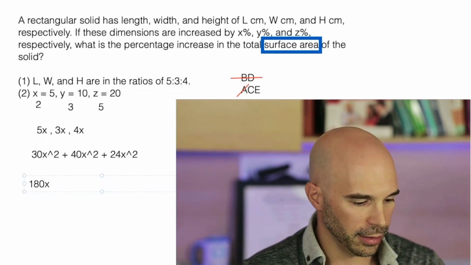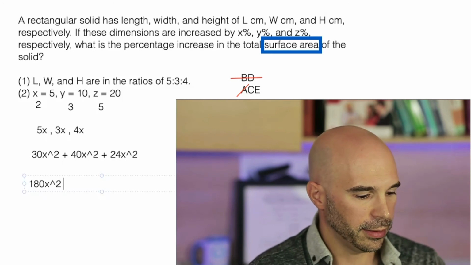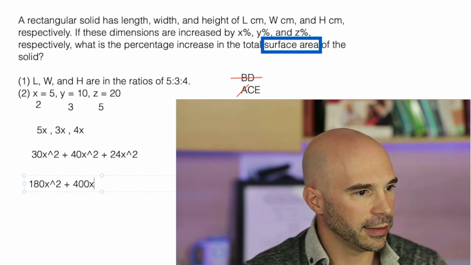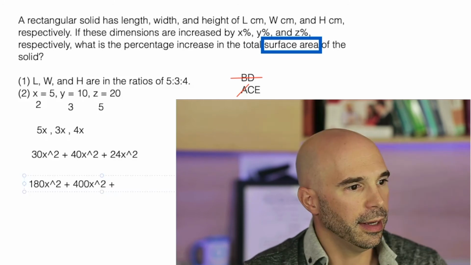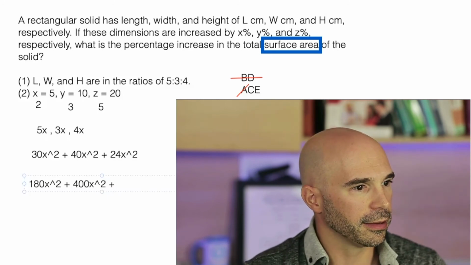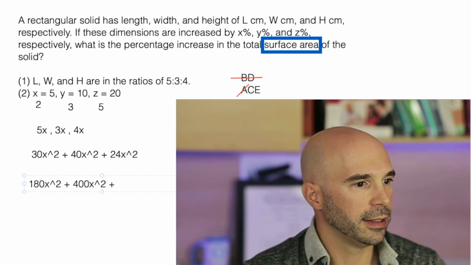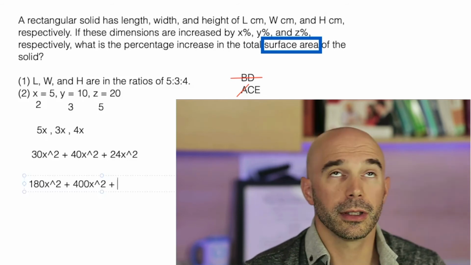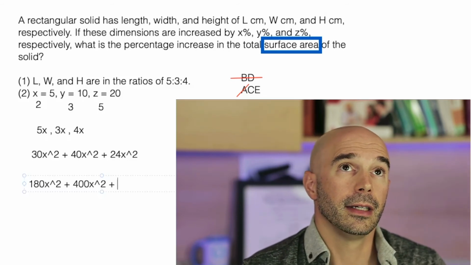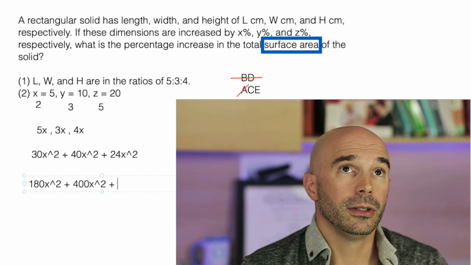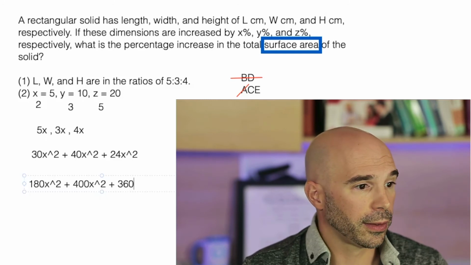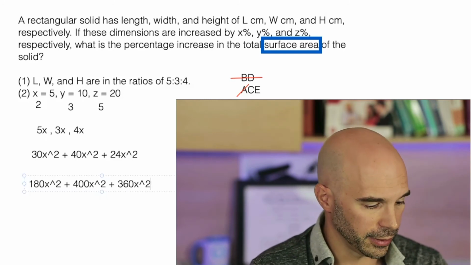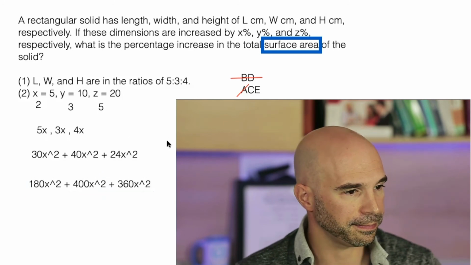So I'm going to call that 180x squared. For the second one, we're getting a factor of 10, so that would be 400x squared. And for the last one, we'd get a factor of 15. So 15 times 24, that's like 5 times 72, which is like 10 times 36, so 360. That was a long way around, but got there.